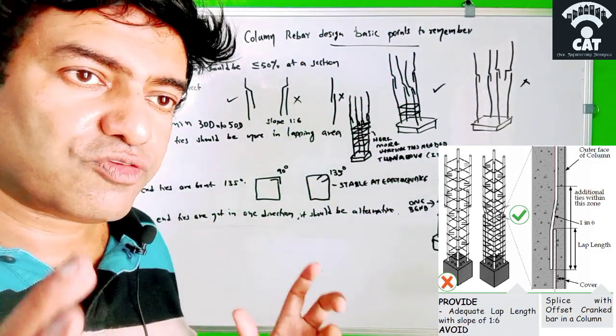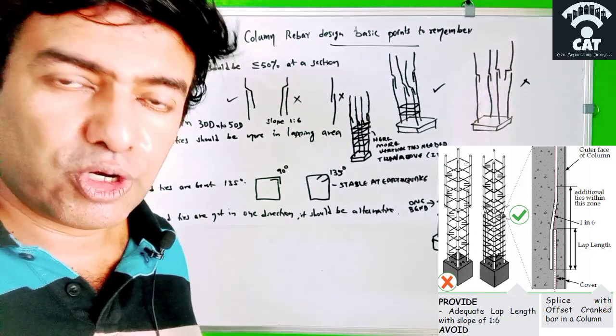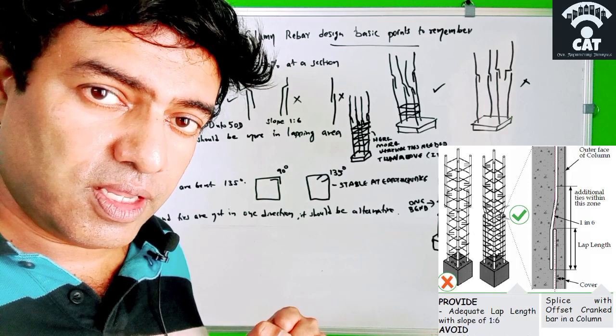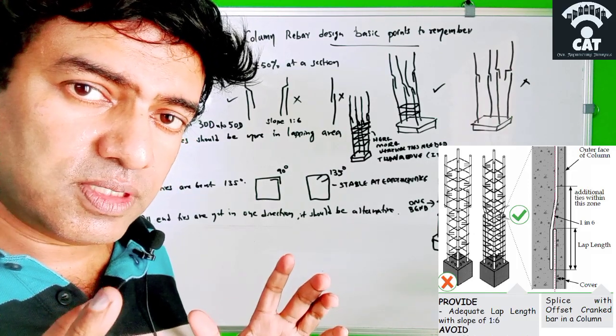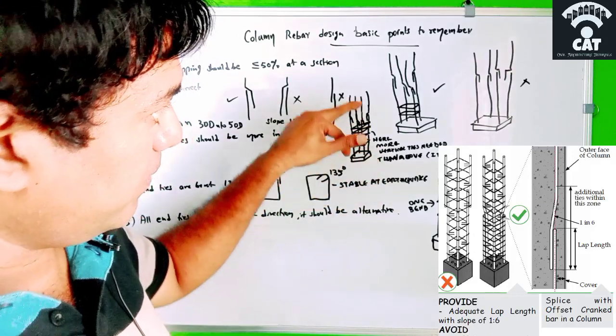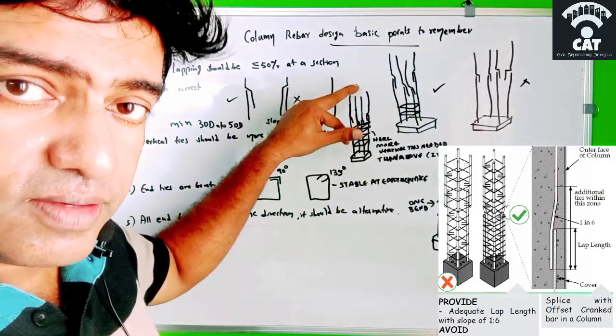That means the shear force will be more in that particular area. So in order to counteract that shear force, in order to give more strength to the column bars, we have to give more vertical ties at that particular area when compared to the other area.